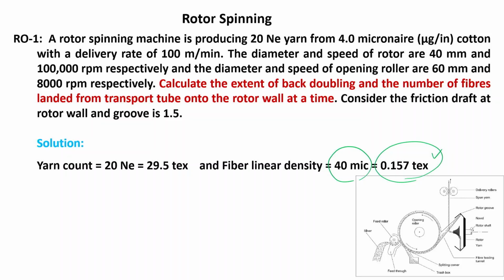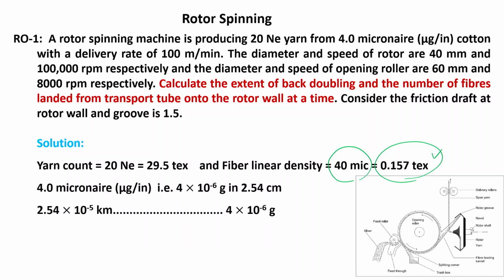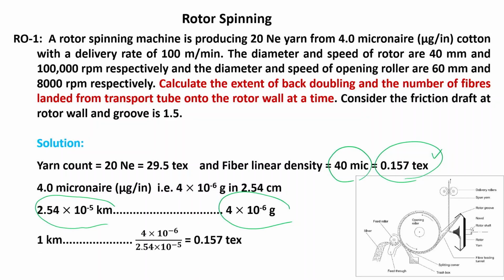And from there we can calculate the number of fibers in the yarn cross section. The conversion of microgram per inch involves a factor of 4 multiplied by 10 to the power 6, and from there we can calculate the tex.